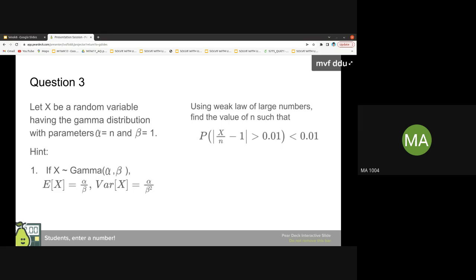So the weak law of large numbers comes from Chebyshev's inequality. How many of you know this? Has anyone tried to connect Chebyshev's inequality with the weak law of large numbers?